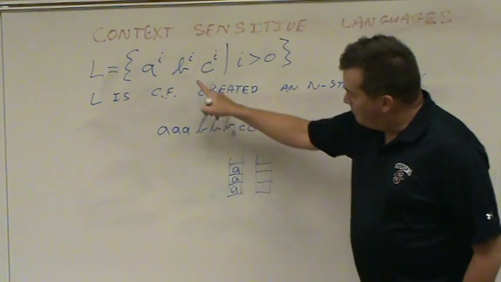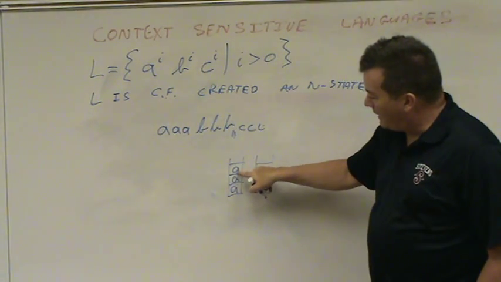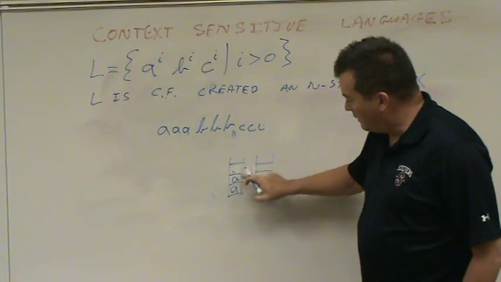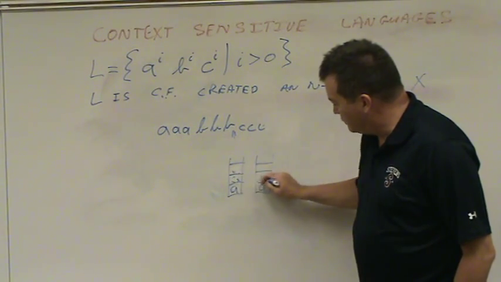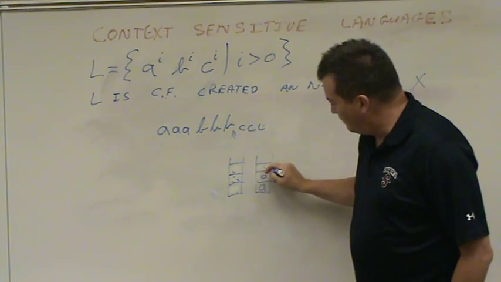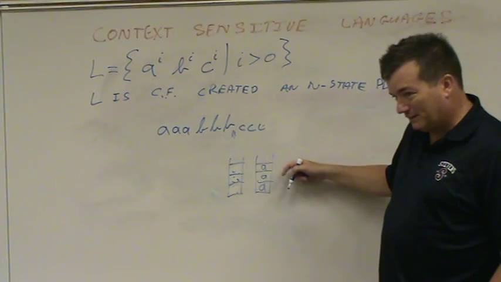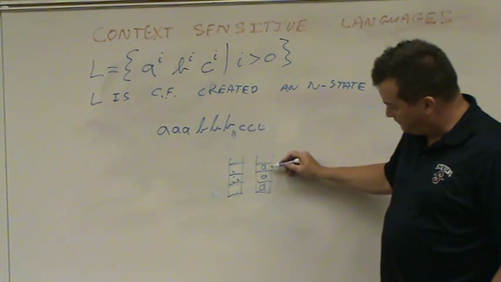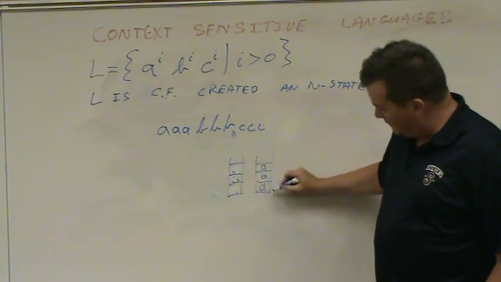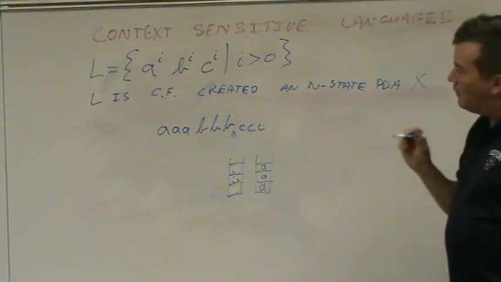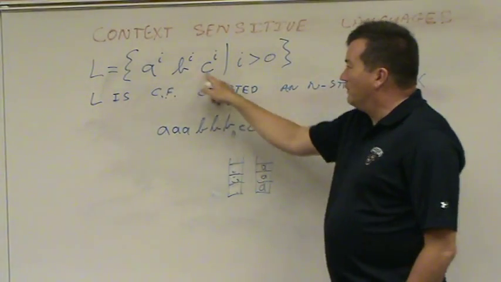Every time we see a B, we pop an A off of this stack and push it onto this stack. And then we read another B, and pop this one off and push it here. And then we read another B and we pop it over here. And now we have a count for how many C's we should expect. And then when we read C's, we pop stack number 2, and then if both stacks are empty, we could answer yes. So a finite automata with 2 stacks could accept this language.